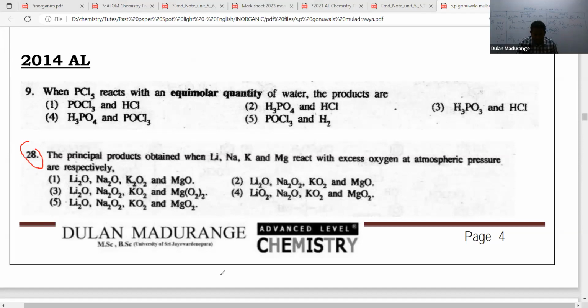You have understood the lesson really well, then try to get your answer. And I'll definitely add an image of this. Can you remember the sequence? Principal products obtained when lithium, sodium, potassium, magnesium react with excess oxygen at atmospheric pressure.